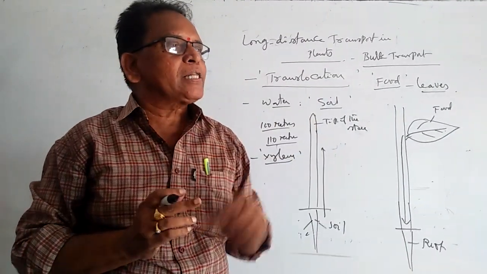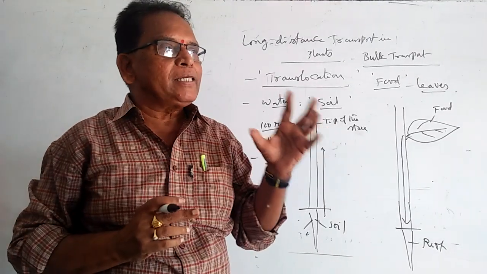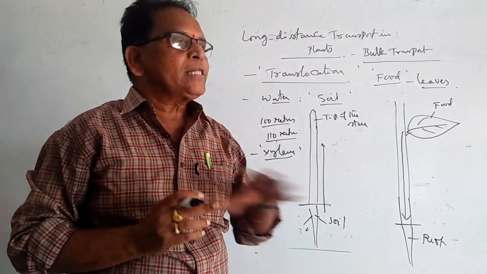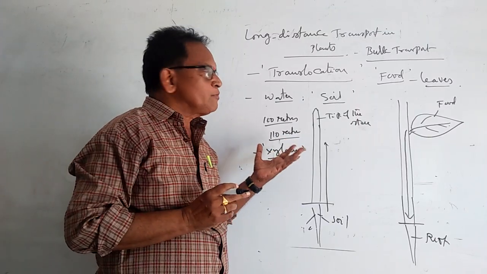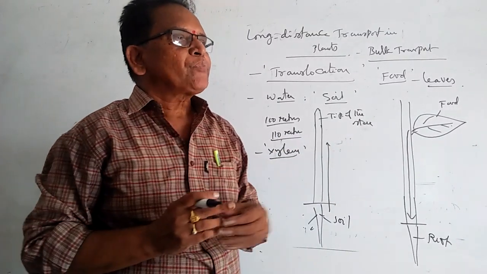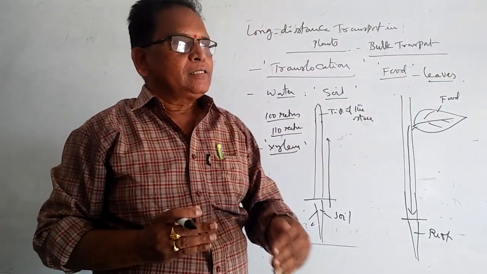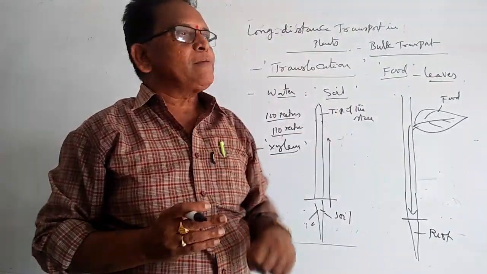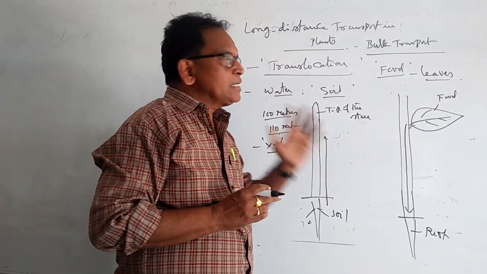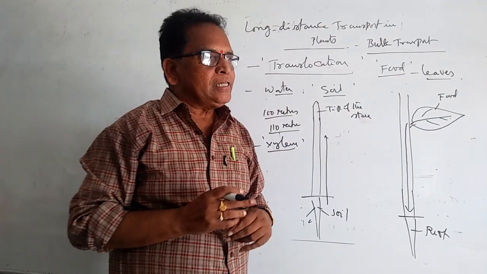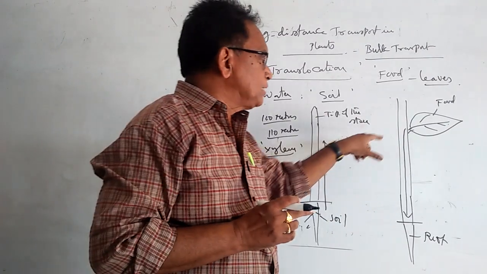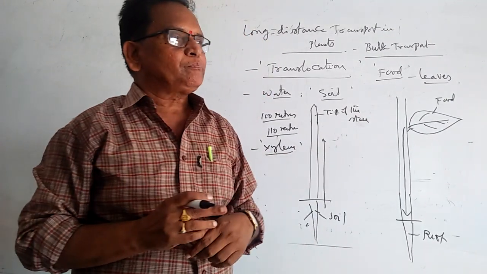And for this bulk transport, the vascular system in plants is required. The vascular system is of two types, xylem and phloem. Xylem is meant for the bulk transport of water from the soil to the tip of the stem, and bulk transport of food materials from the leaf to the root always takes place through the phloem.